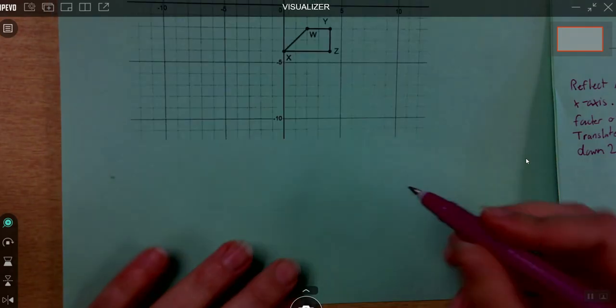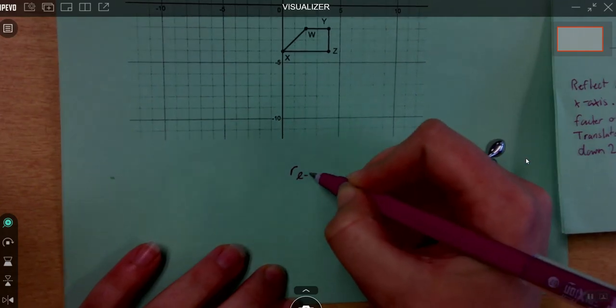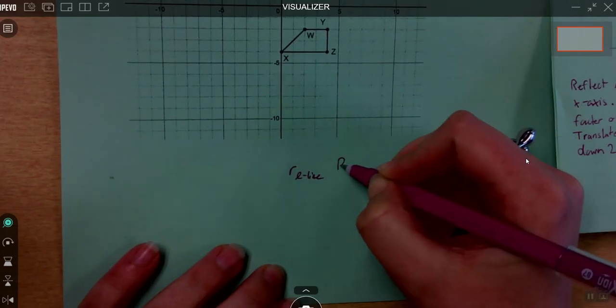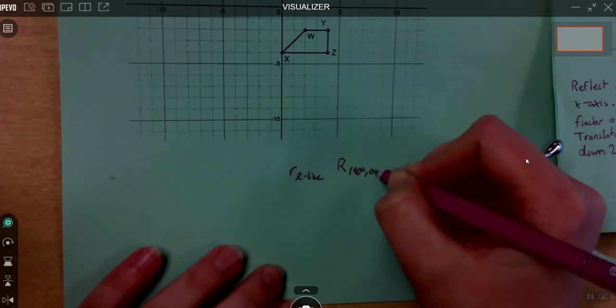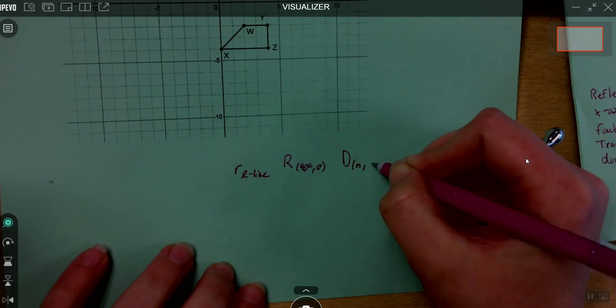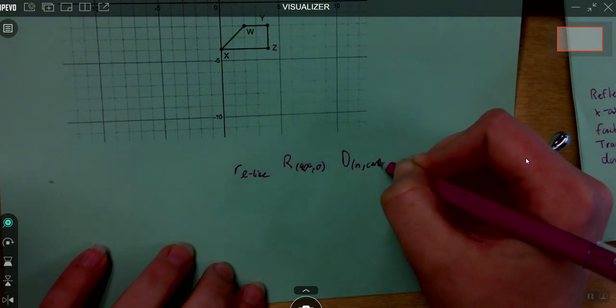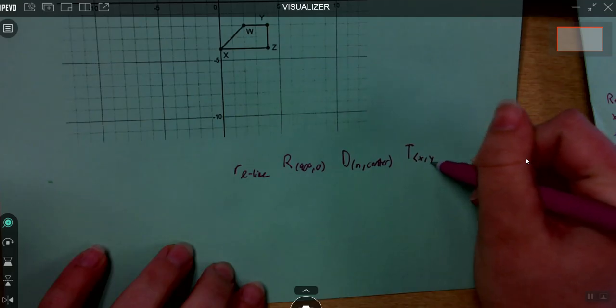Reflection. I'm giving you a hint. Reflection is the little r, guys, and then we say our line. If I have a big R, that's rotation, and then you give me like 90 degrees around the origin. Dilation is the scale factor and my center. And then we all know translation, the X and the Y.